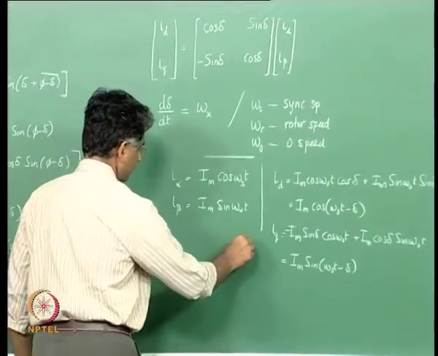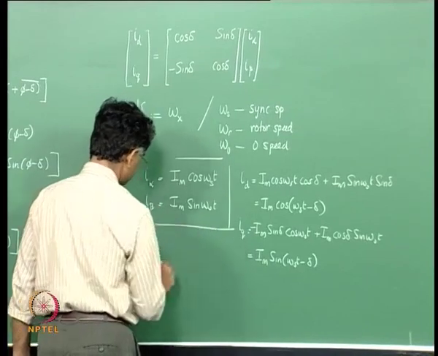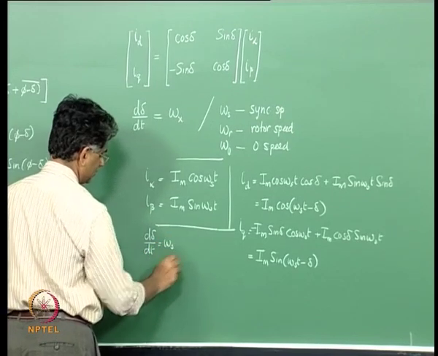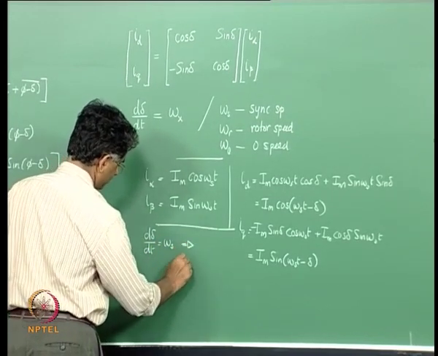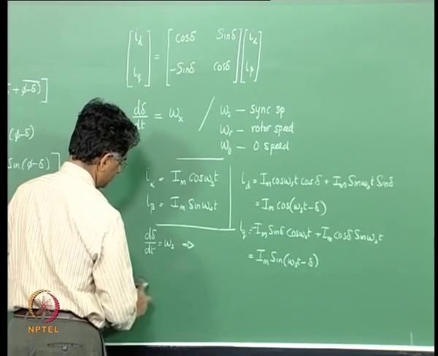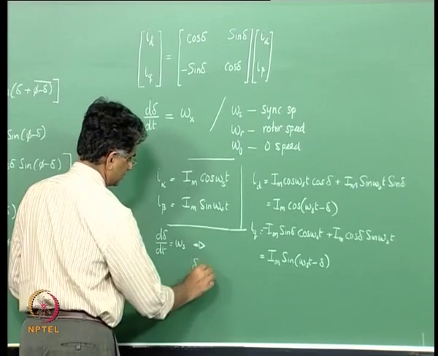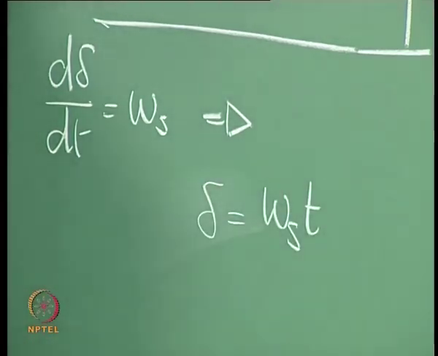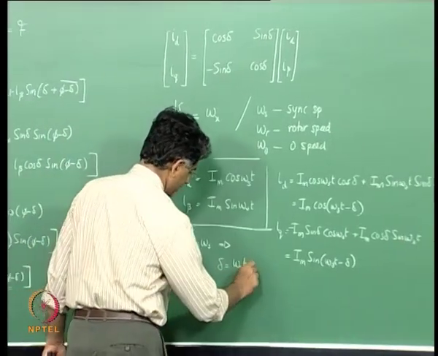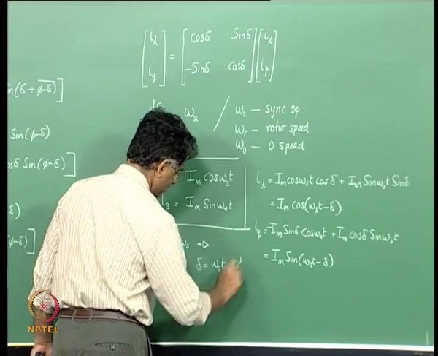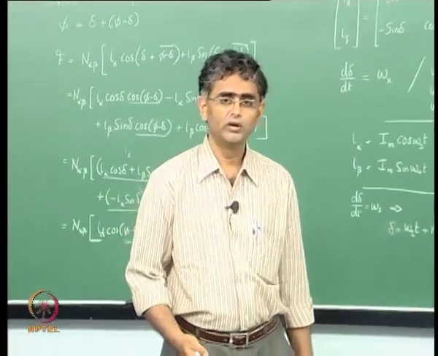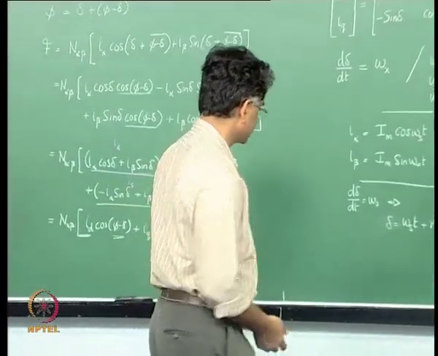So if d delta by dt equals omega s, then delta equals the integral of this, which is nothing but omega s into t, but in order to satisfy the integration we need to add an arbitrary term gamma, which will have to be evaluated based on some initial conditions of the system.